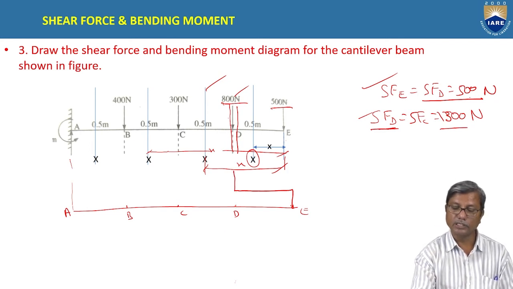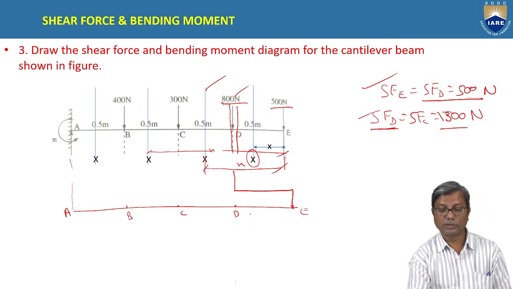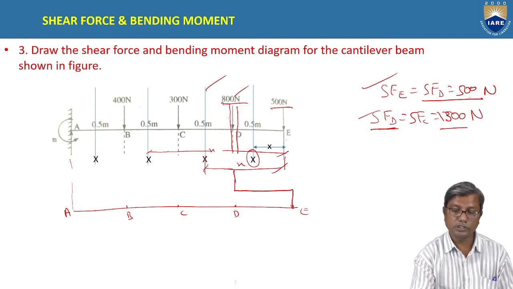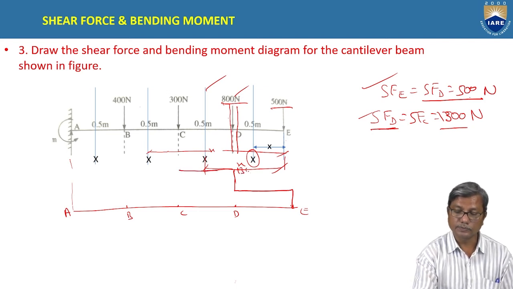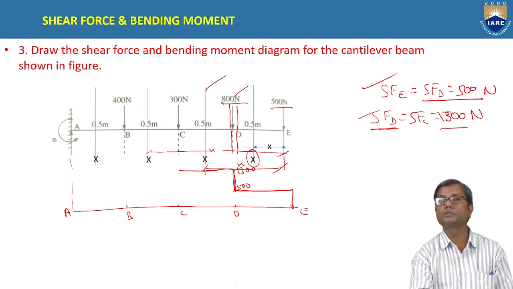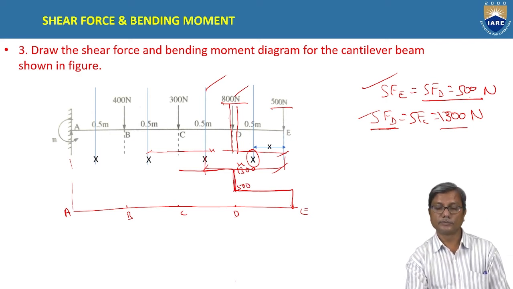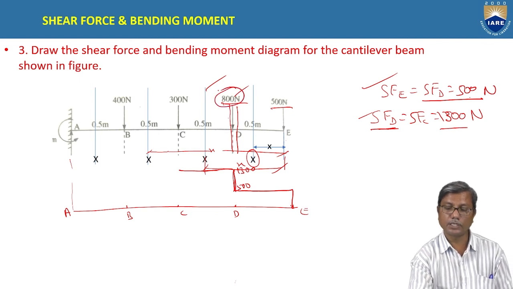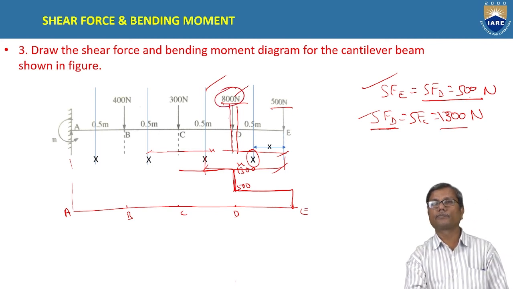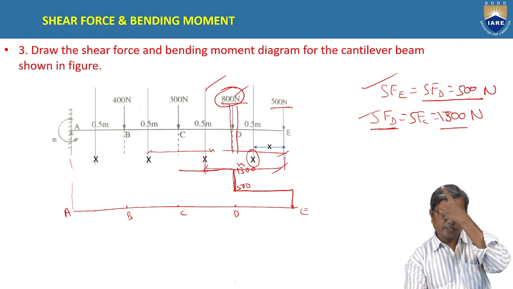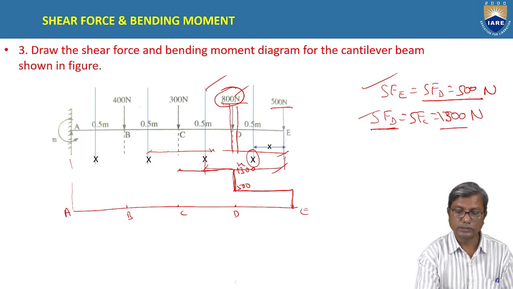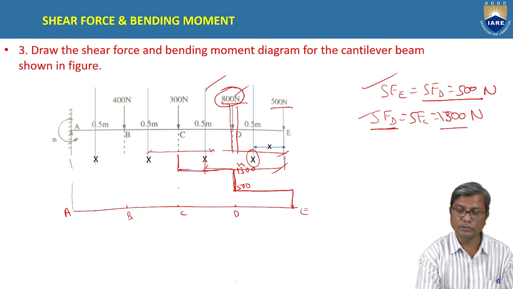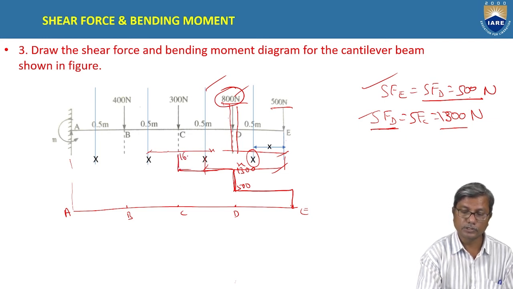Exactly at section D, now what happens? There will be a drop in the shear force by, this is 1300 and this is 500. So what is the drop in the value of shear force? That is 800, equal to the load applied at D. Okay. Understand? Similarly, the shear force at C, there will be a rise here from 1300 to 1600.